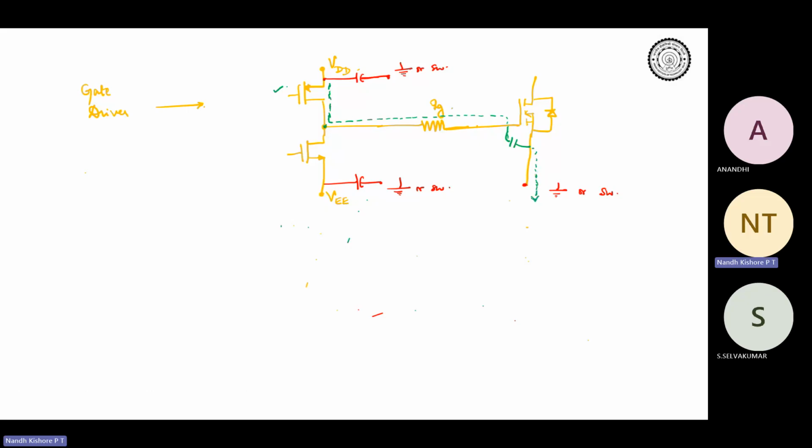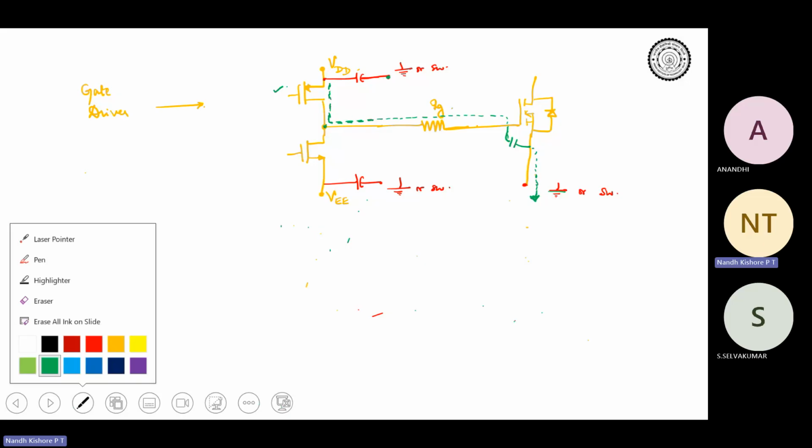This is the path for current, right? And you can ask how it would return. Now we have reached the ground, so the ground is the same over here. So it will go back through the capacitance. Can you understand the path?